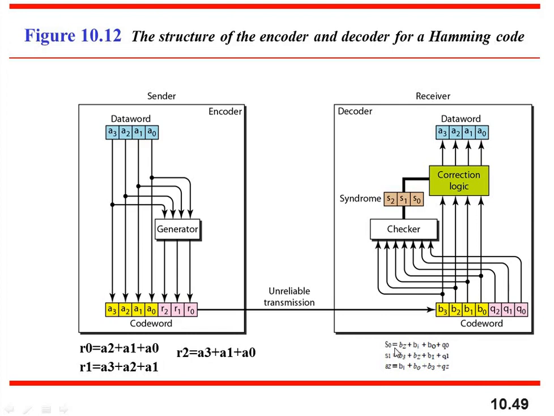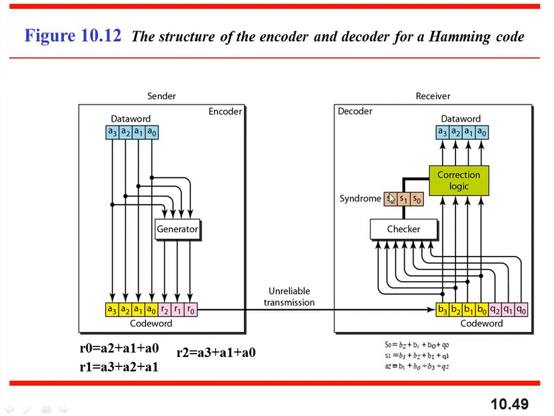So B0, B1 and B2 is the combination for S0. Now B1, A1, A2 and A3. So B1, B2 and B3 is the combination for S1 and A0, A1 and A3 is the combination for S2. B0, B1 and B3 with Q2 is the combination for calculating syndrome.